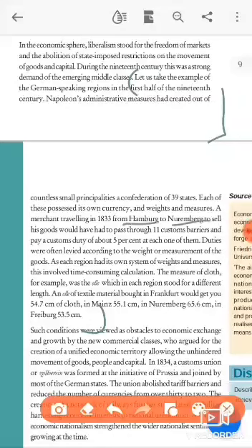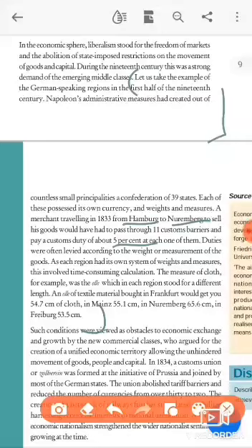If a person is travelling from Hamburg to Nuremberg to sell his goods, he had to pass through 11 custom barriers and pay a custom duty of about 5% at each one of them. These merchants had to pay this custom duty according to the weight of the product they carried. A 5% custom duty had to be paid. The main obstacle, for example, was that the measure of cloth, the ell, was a measurement unit which in each region stood for a different length.